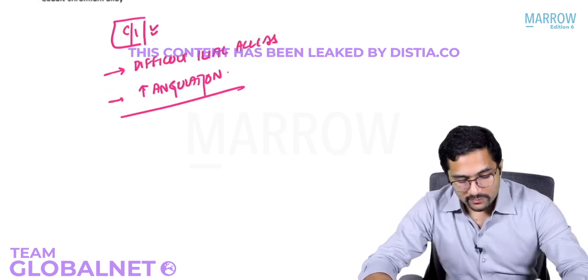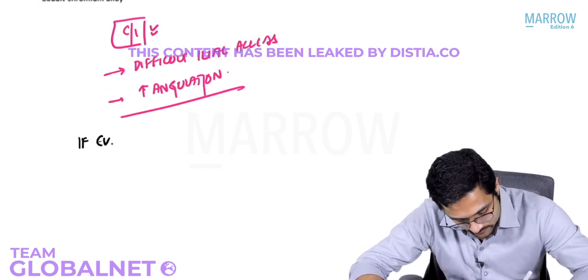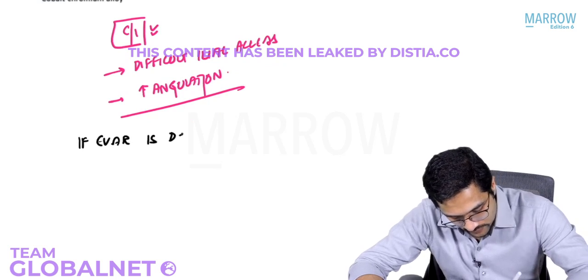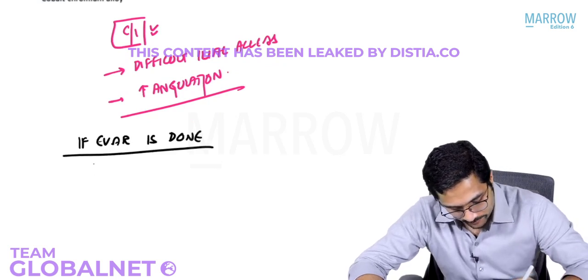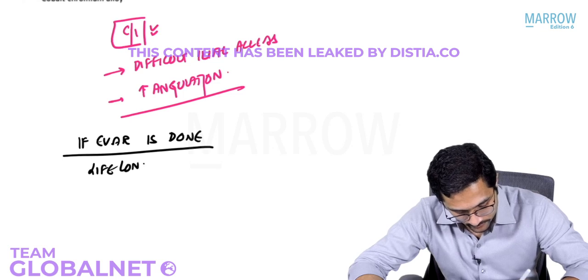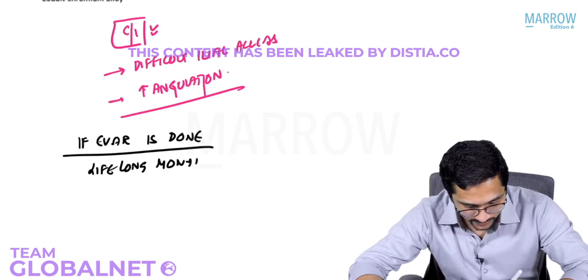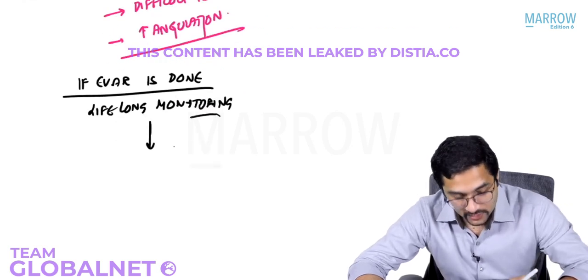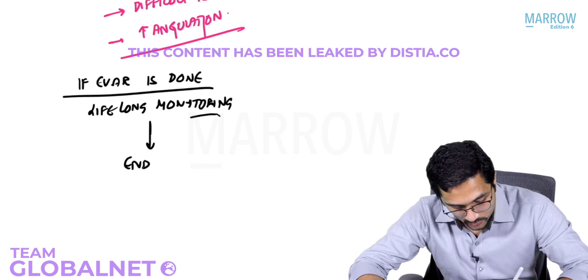One thing which you need to remember, that if EVAR is done, then these patients have to be kept under lifelong monitoring. And the reason why lifelong monitoring is required is because these patients can develop endoleaks.